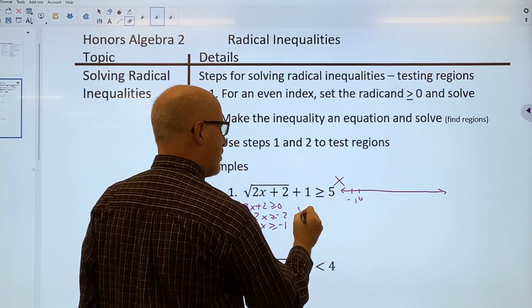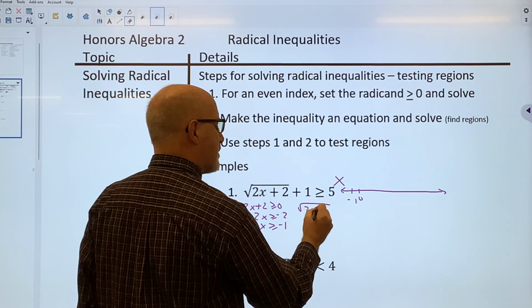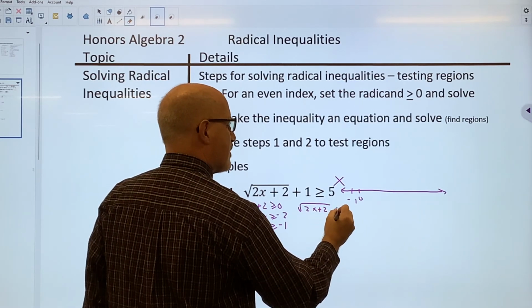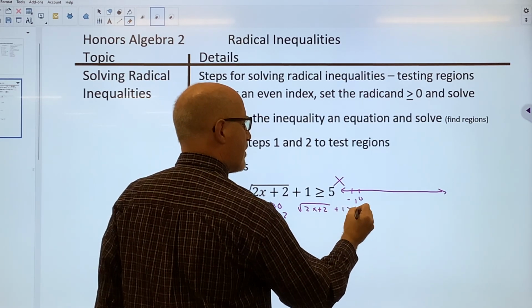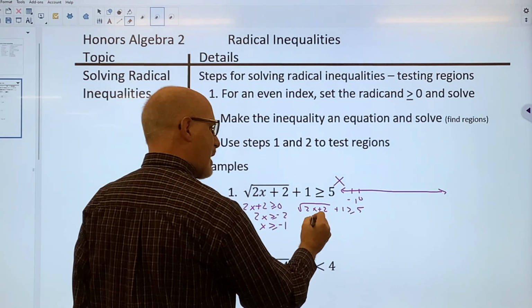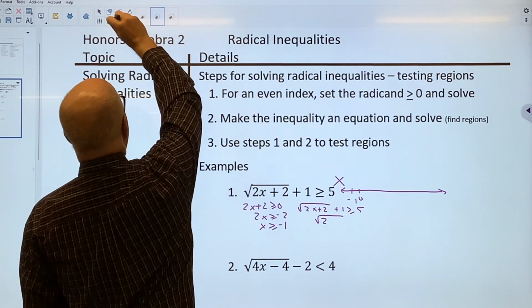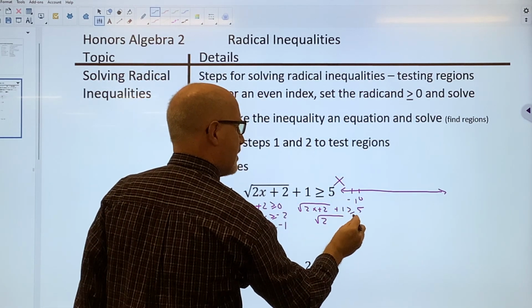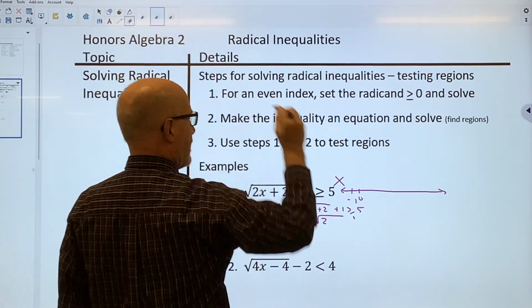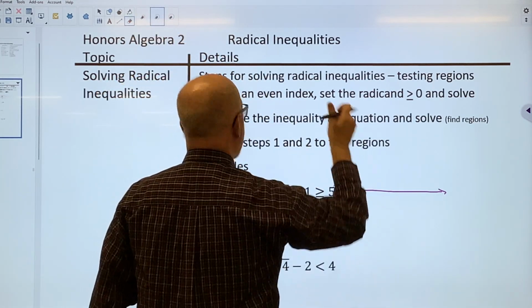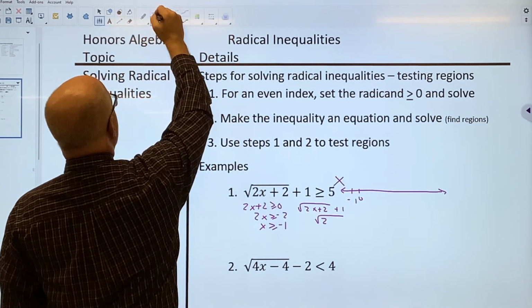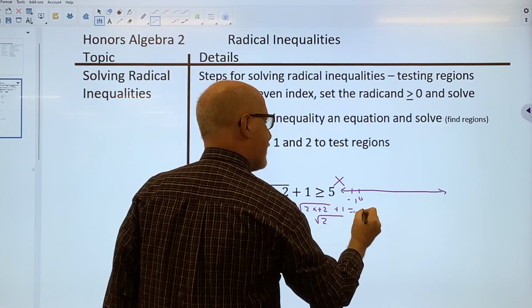So I'm going to set this equation up. Square root of 2x plus 2, plus the 1 outside the square root, is greater than or equal to 5. Let's make this an equal sign, so equal to 5.